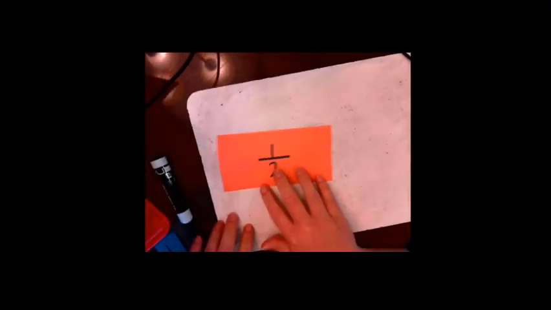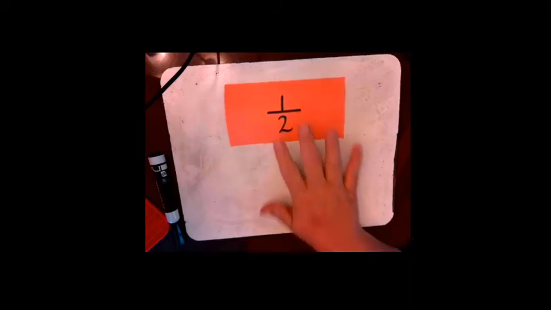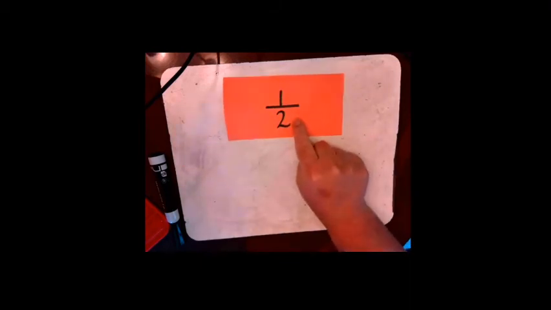Now here I've laid down a half because we were talking about our half of a pizza, okay? Now normally we have pizzas that are divided into eighths, okay? Which means we have eight pieces of pizza that we can choose from. And if I say I want half of that to be pepperoni, then they've got to decide what half of the whole is, okay?